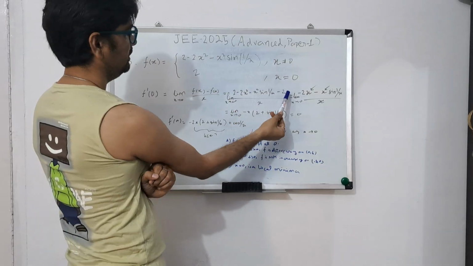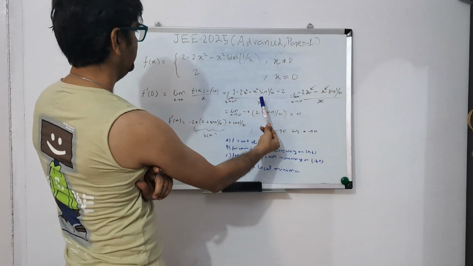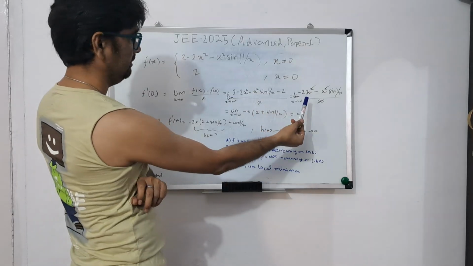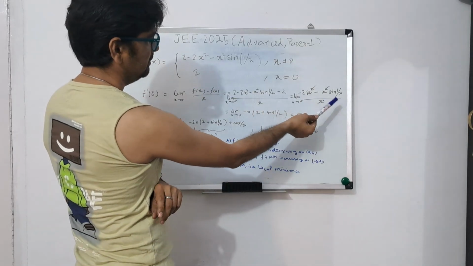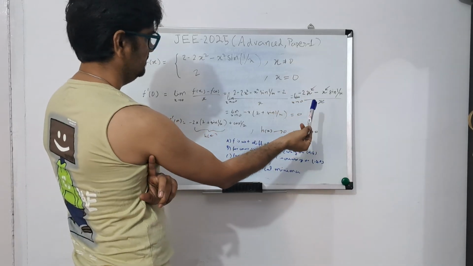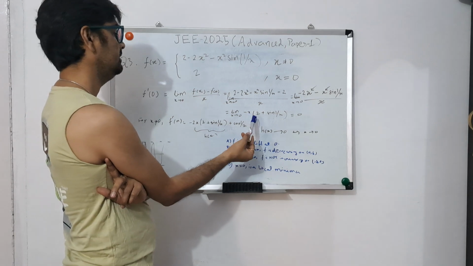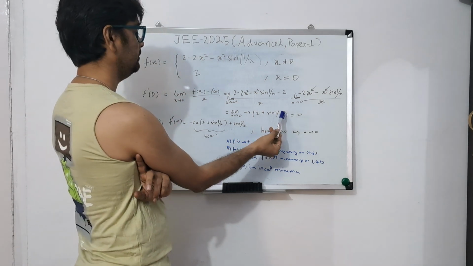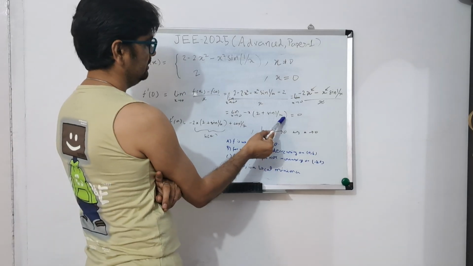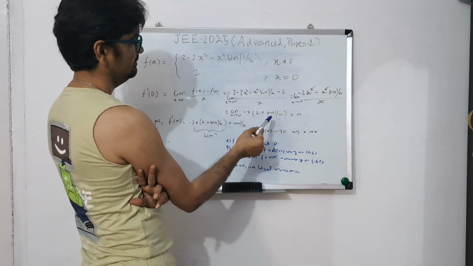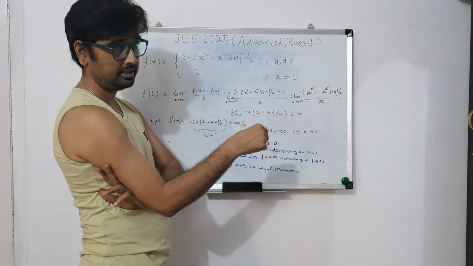The 2 and 2 cancel out, and since x is not 0 when we are calculating the limit, we can cancel out the x from numerator and denominator. So we are left with this expression, minus of x into 2 plus sine of 1 upon x. Now this expression is always positive because sine 1 upon x will always be between minus 1 and 1.